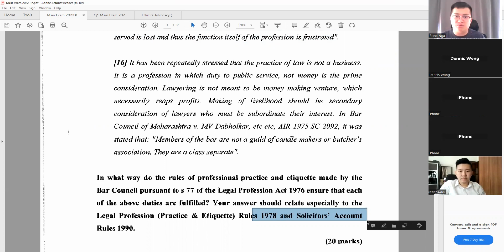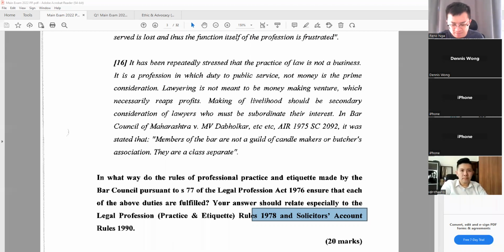But actually the Solicitors' Accounts Rules is not very long, just a few sections only. Since we talk about here, might as well I just explain to you what is this Solicitors' Accounts Rules. So you just need to take note of, I think, less than 5 rules lah.